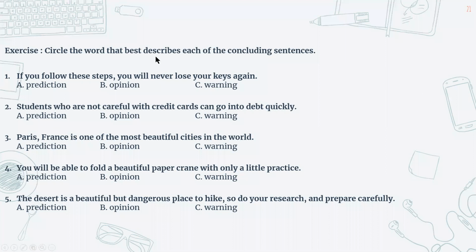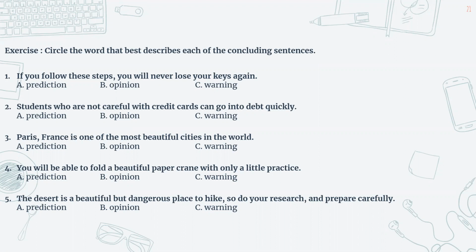Okay, this is another exercise. We said that the concluding sentence might warn the reader about something, make a prediction about the future, or give an opinion. Okay, so these are concluding sentences, and I want you to figure out which one it is.